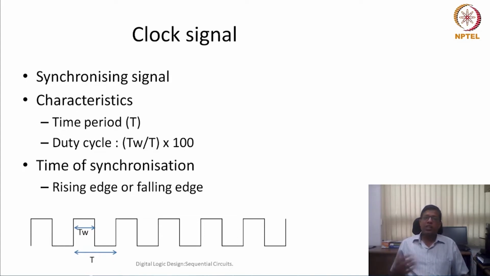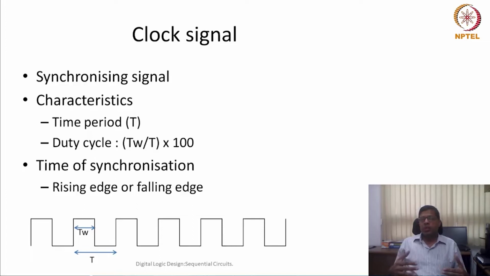Essentially a clock signal is characterized by two features: one is called time period, another is duty cycle. Time period is after how much time the clock signal will repeat itself. 1 by T is the frequency, and usually the frequency could be in kilohertz, megahertz, or gigahertz.